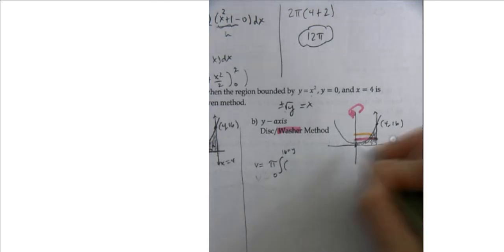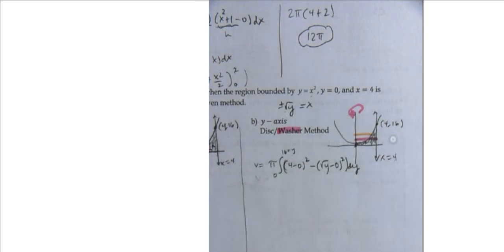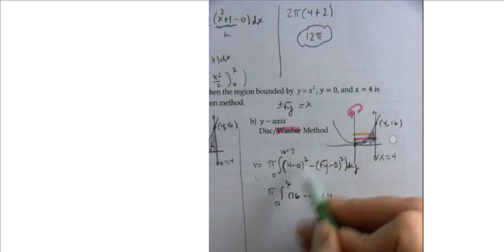So it's x equals 4 minus x equals 0 squared minus, now little r. I want y involved, so I want x equals. So x equals root y minus x equals 0 squared all dy. So from 0 to 16, this is 16 minus y, 4 squared.